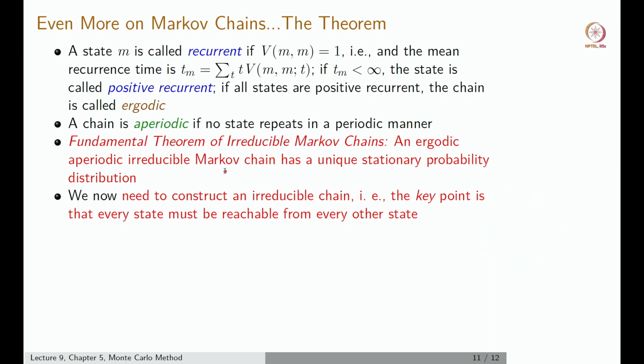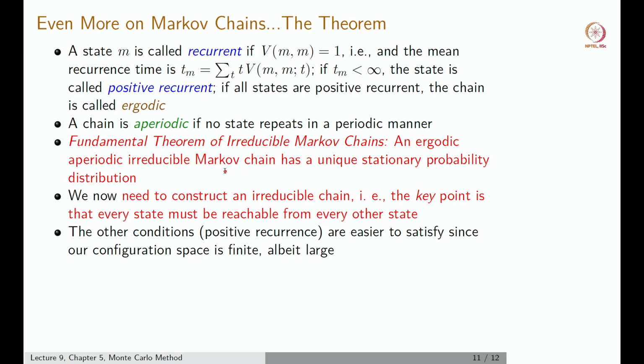There should be no restriction that a certain configuration cannot be reached from my configuration by my stepping algorithm. The other conditions turn out to be fairly easy to implement, because however large our system may be, it is still finite. So the most important thing is irreducibility.